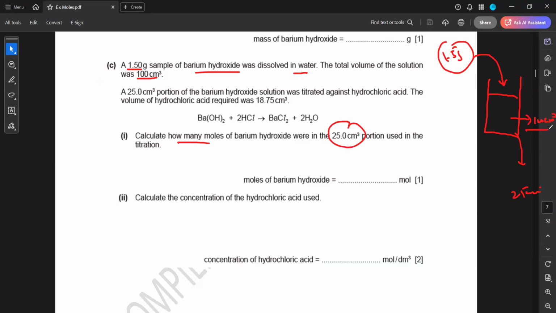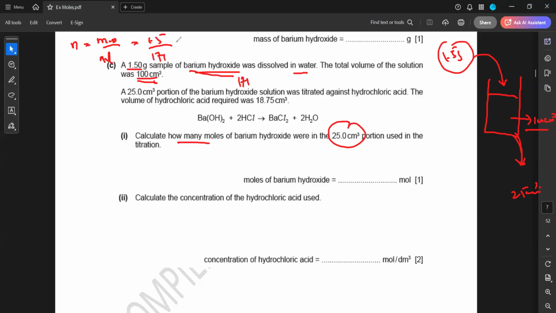So originally it was 100, but we only took out 25. So first we'll find the total number of moles. If we have 1.5 grams of barium hydroxide, first we'll find the moles in 100 cm cube. How to get the moles in 100 cm cube? Moles equal mass in gram divided by the molar mass. The mass in gram is 1.50 and the molar mass of barium hydroxide is given in the question, 171.